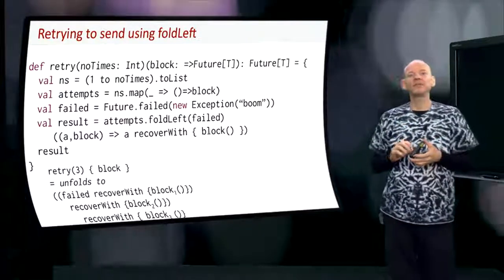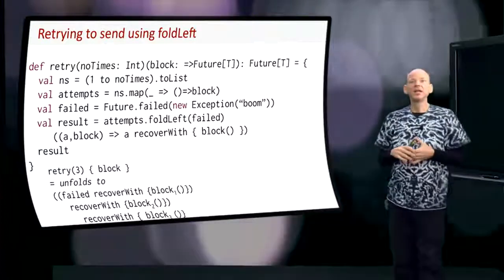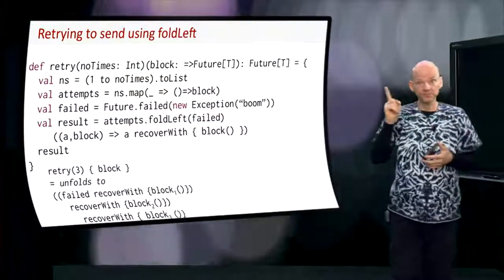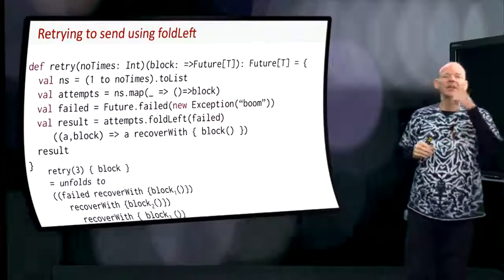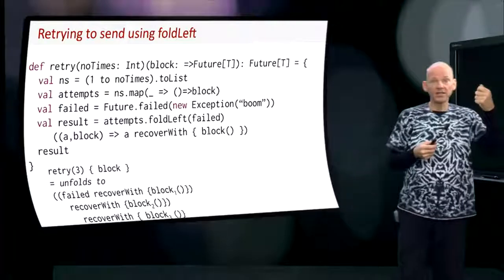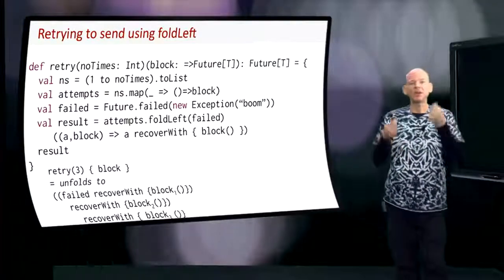Our neutral element is failed, so we create a new Future.failed, and then we fold from the left, starting with failed. Our combination function takes a future, which is the thing on the left, and the block.